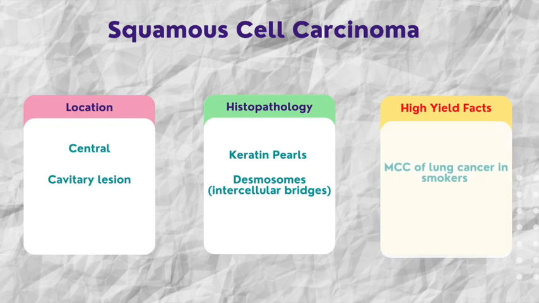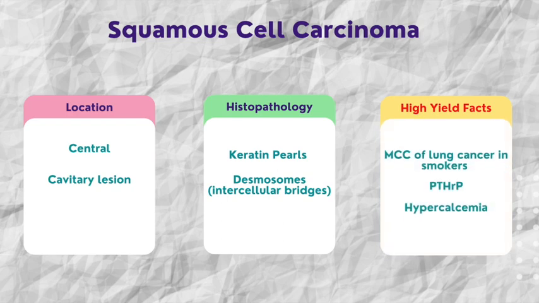It's also high yield to know that it is related to the release of parathyroid-like protein, and that would lead to hypercalcemia and patients presenting with stones, bones, groans, and that typical presentation of hypercalcemia. So just remember, squamous cell carcinoma, central lesion, is a cavitary lesion, can have evidence of necrosis, keratin pearls, desmosomes, which are intercellular bridges.